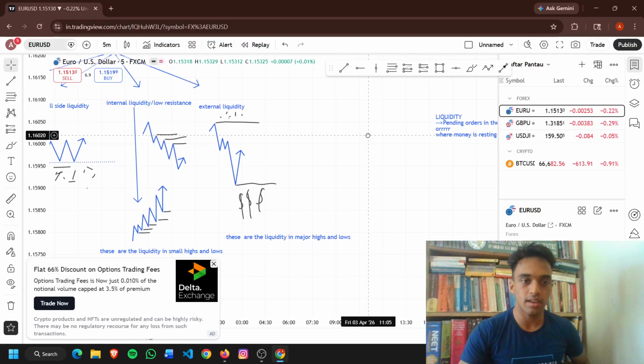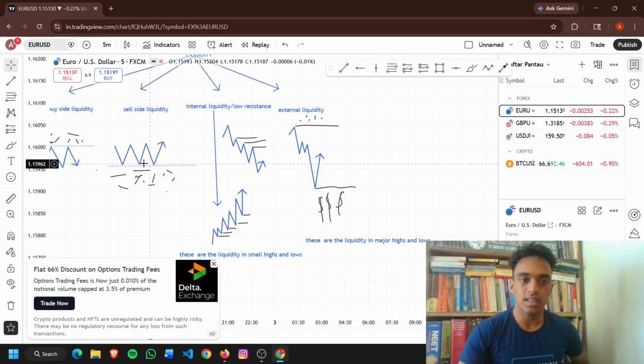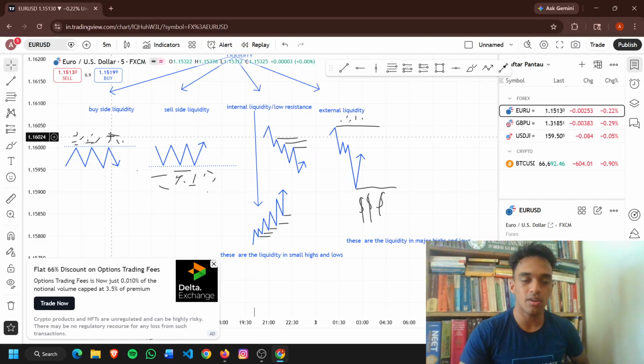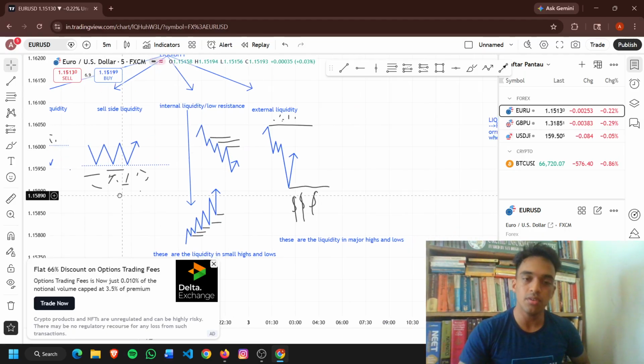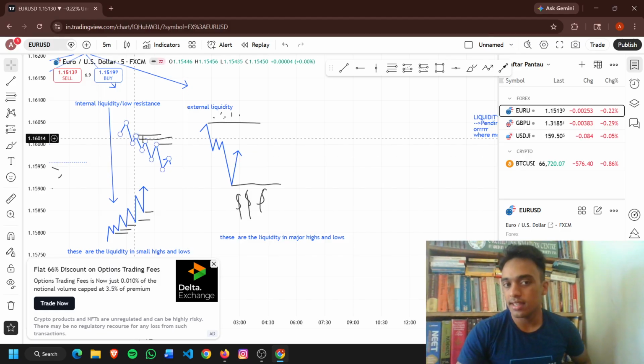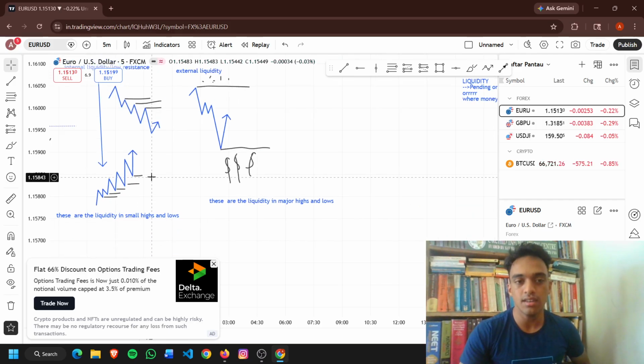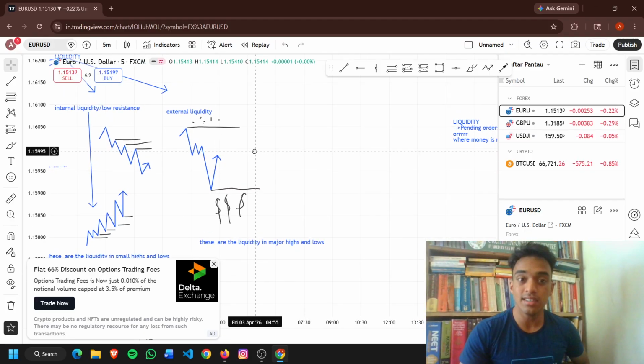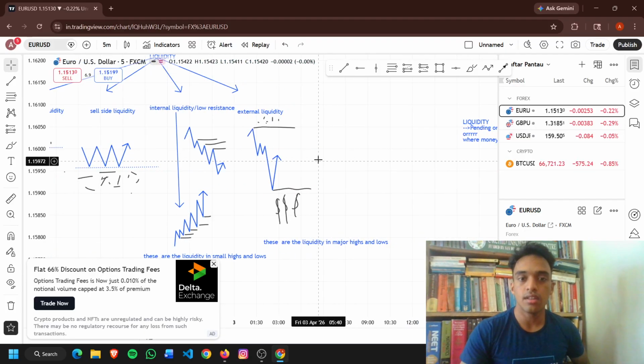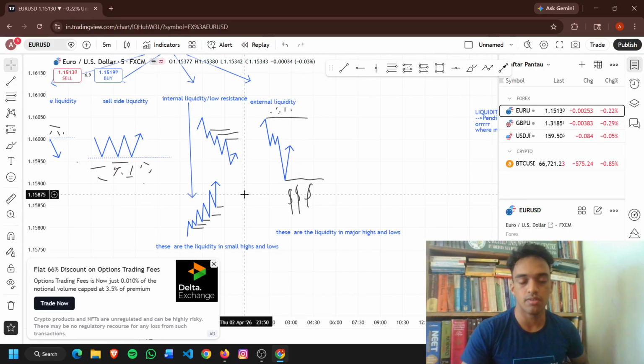So buy side liquidity is on top of highs, sell side liquidity is on top of lows. Internal liquidity is like the small pullbacks which you see. On top of these highs there is liquidity, and on top of these lows also there is liquidity. These are internal liquidity. External liquidity is like the major highs and lows of the market.